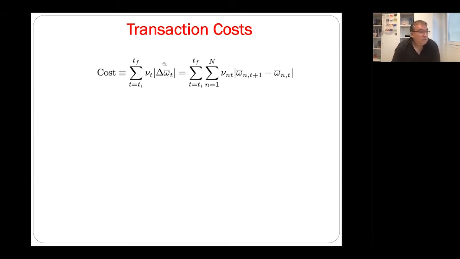This is what is represented by this quantity. At every time t, there is a percentage, this nu, of the total amount of money that I'm moving, all right? Well, it can be just written in this way, and there is an absolute value here. Notice that, because this doesn't depend on whether I sell or buy. The fact is that there is a transaction.